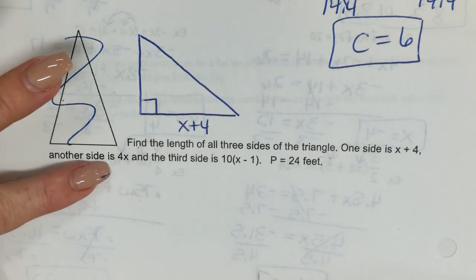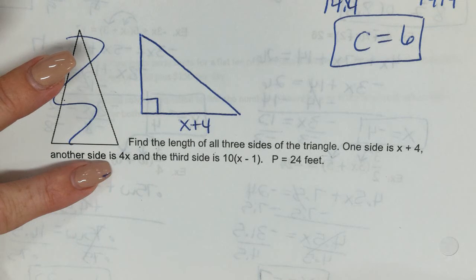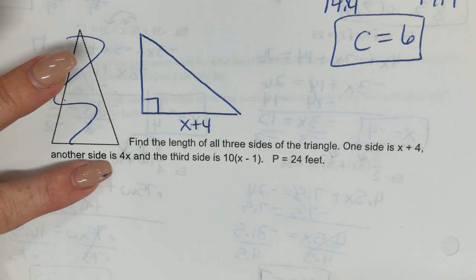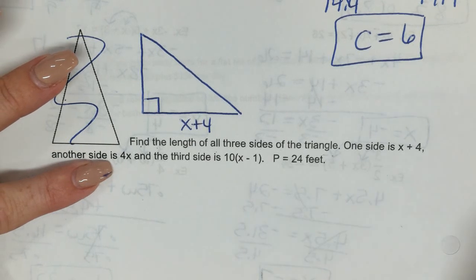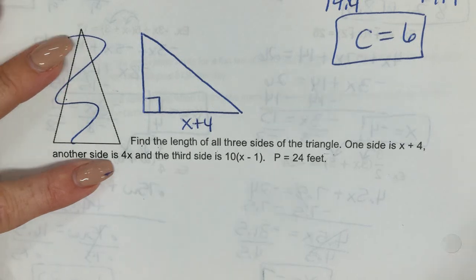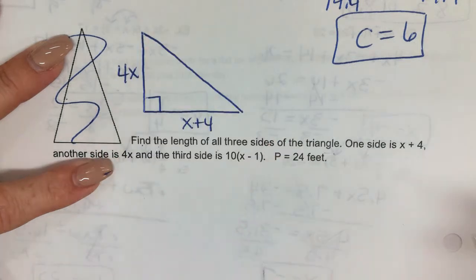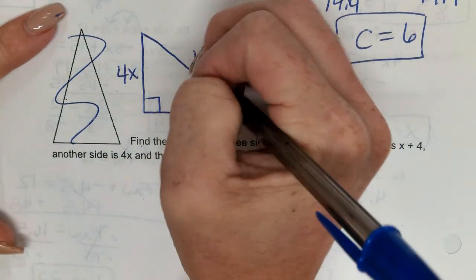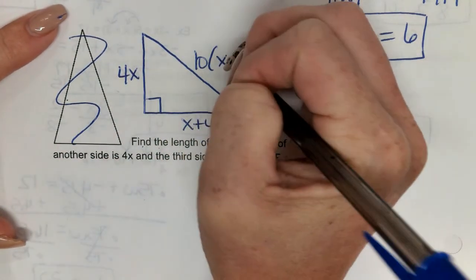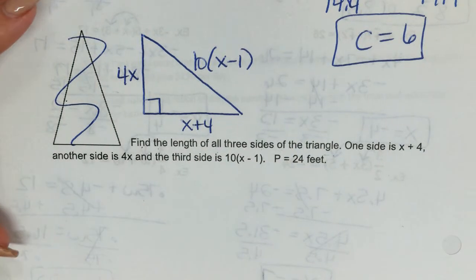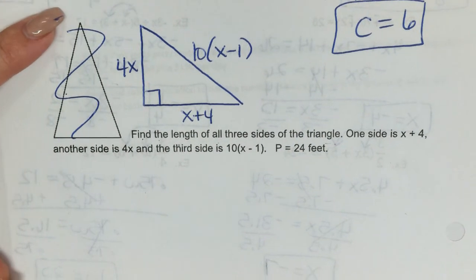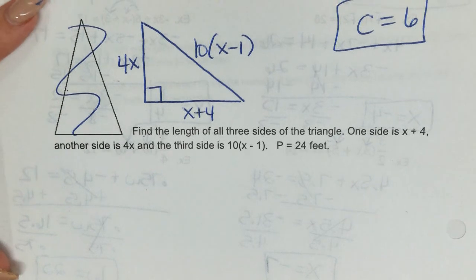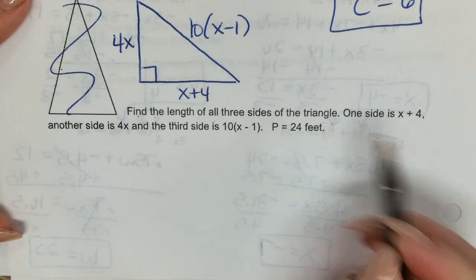One side is 4x. That's going to be this side. And one side is 10, open parentheses, x minus 1. Then they said P equals 24.